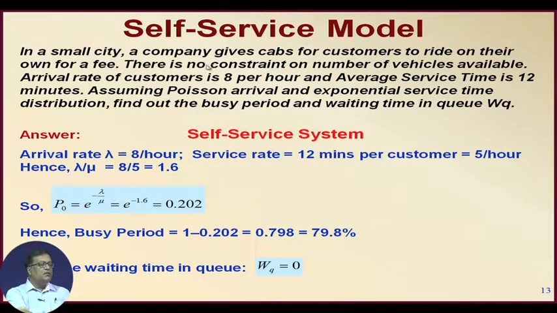So, it is not really possible to have an infinite self-service facility. The arrival rate of customers is 8 per hour and the average service time is 12 minutes. So, what will really happen is that P0 is 20.2%, the busy period becomes 79.8%, and the average waiting time is 0, right.